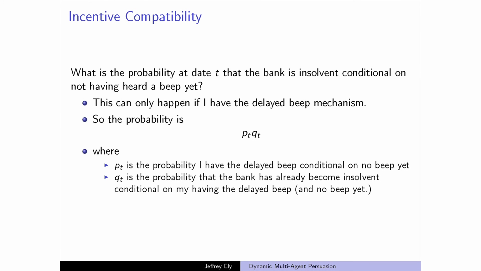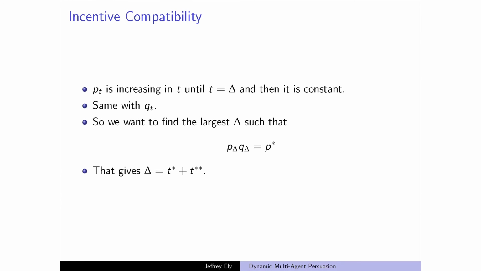So the observation is that both of these probabilities are increasing over time, but then become constant when we reach the delay length. So here's why. Over time, if I haven't heard a beep, it's becoming more likely that the reason is that I'm the guy that's got the delay.